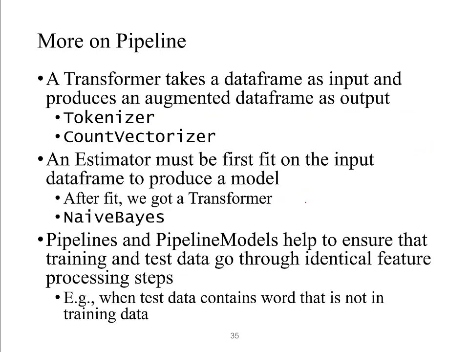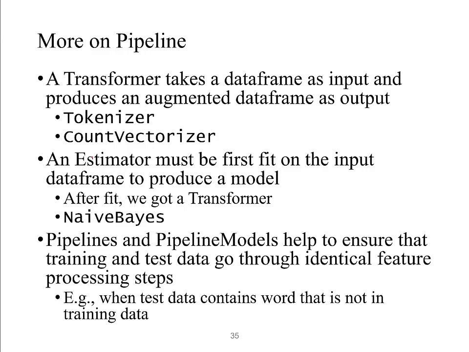Now a little bit more on pipelines. A transformer takes a data frame as input and produces an augmented data frame as output. We have been seeing this a couple of times already. The examples are tokenizer and count vectorizer, as we explained before.